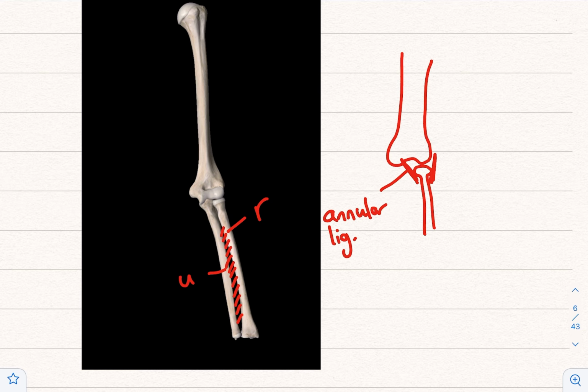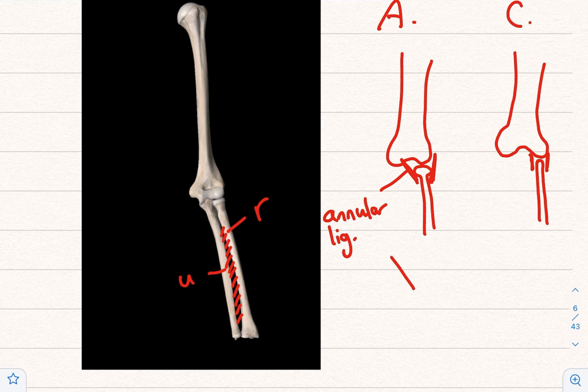What happens when you're still growing, if I draw another one, that's your radius, and your annular ligament is exactly the same, but you can see the difference in an adult versus a child. The annular ligament is cone-shaped versus straight. So cone versus straight.